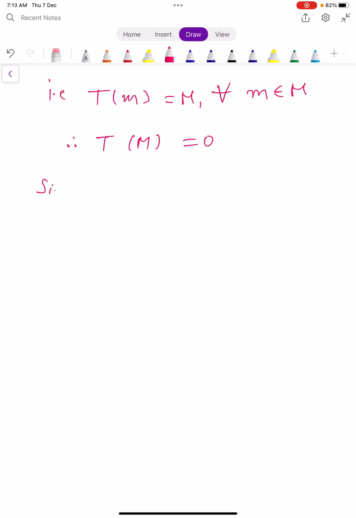Now since already we said that x naught is a non-zero element and does not belong to capital M, T of x naught is equal to x naught plus capital M, which is clearly not equal to 0, because x naught is a non-zero element.